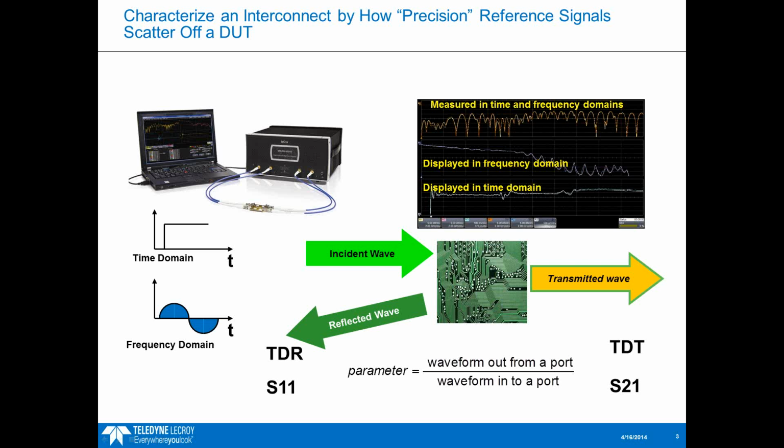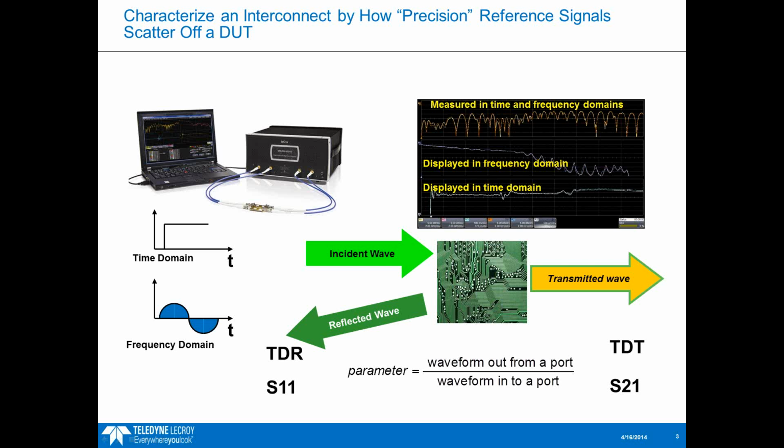But one way to do it is with fixtures. You have coaxial connectors on the test port cables on the instrument, and we can create a fixture that has coaxial connectors that mate with the instrument on one side and some sort of connector that mates with your interconnect that you ultimately want to measure on the other side.